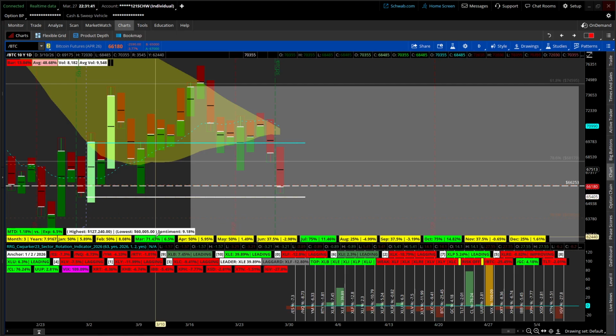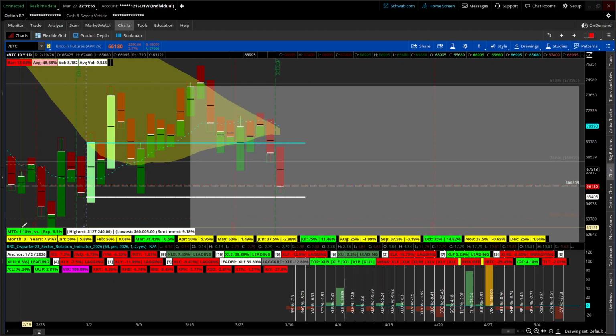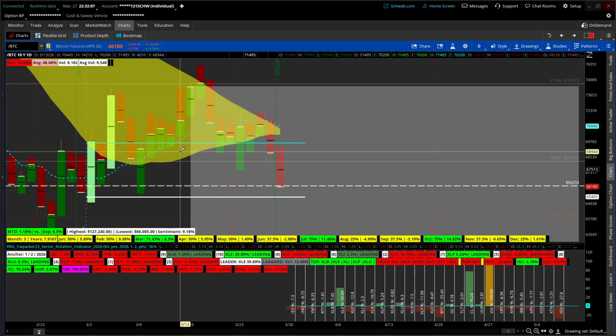For the last 10 years, 70% of the time it's been up 6.5%. From its open, here's our open here, and here is 6.5%. But right now, month to date, we're only up 1.18% for the month of March, versus our expected 6.5%, which we did go up to.